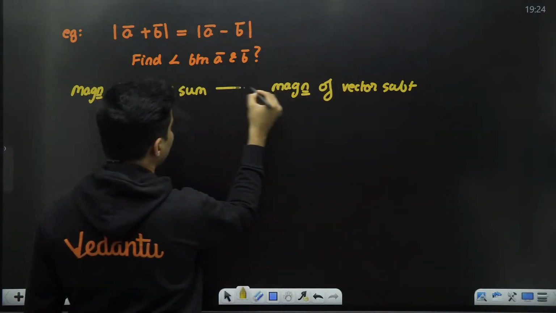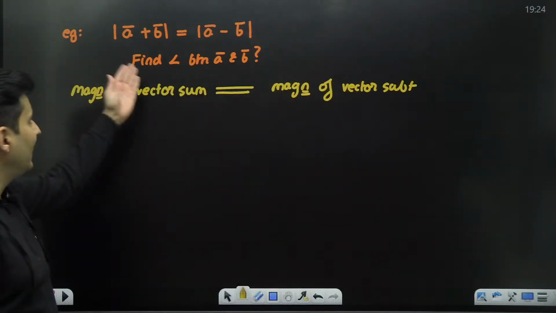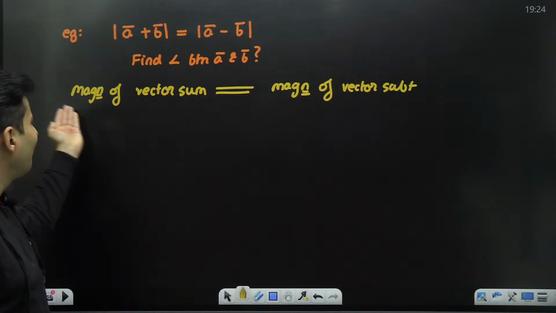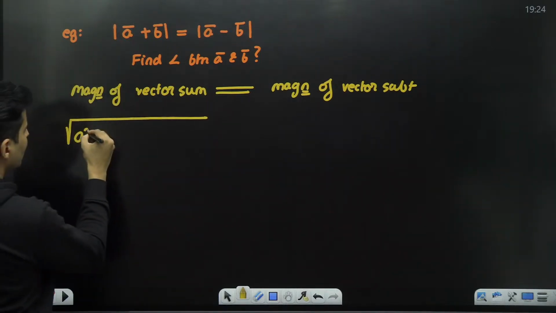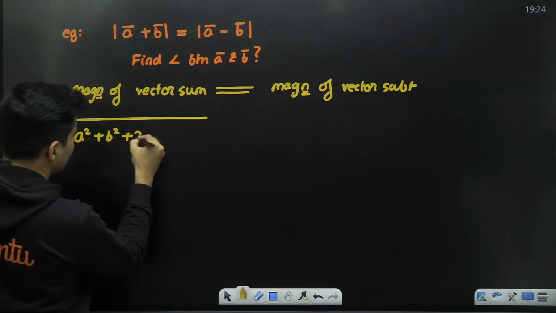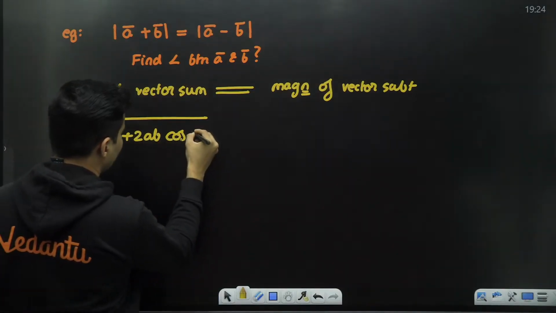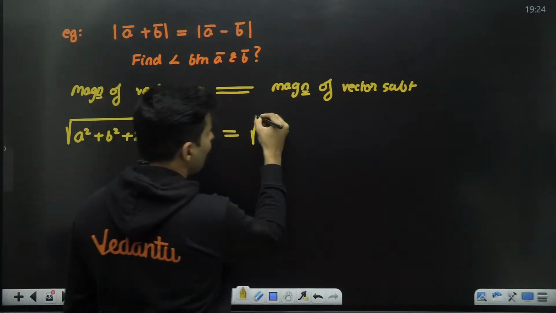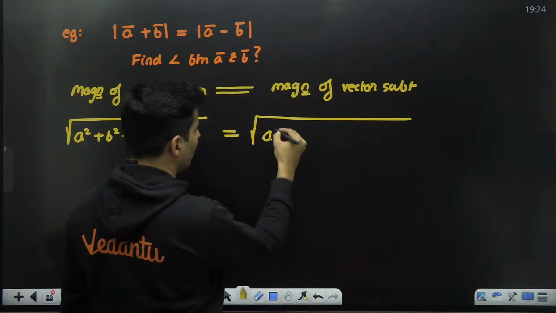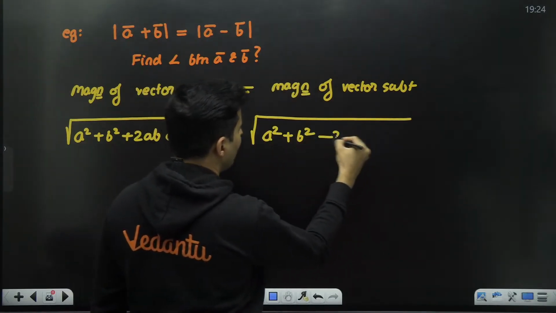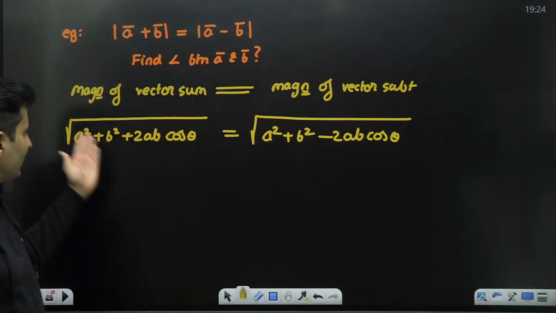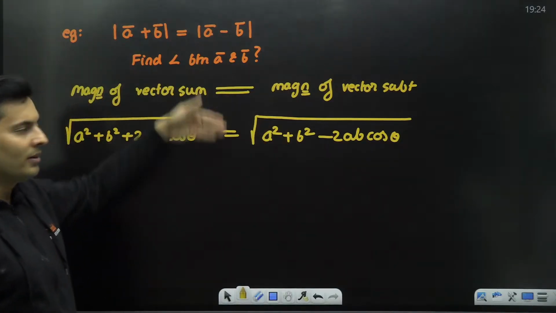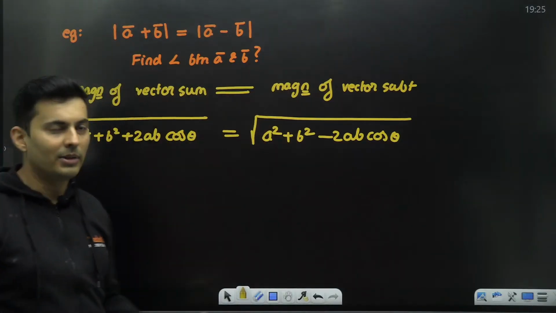They are basically the same. Then find the angle between them. Magnitude of vector sum, I already know the formula: square root of a square plus b square plus 2ab cos theta is equal to magnitude of vector subtraction, and the formula is square root of a square plus b square minus 2ab cos theta. So this is a mathematical way of writing the same thing.